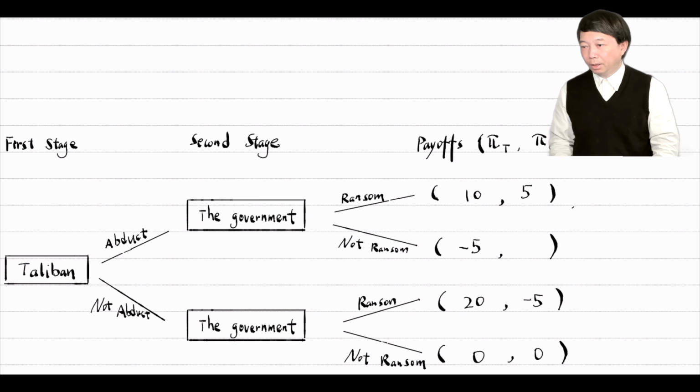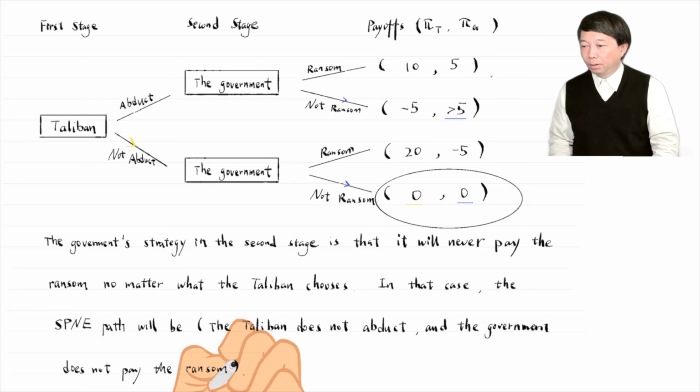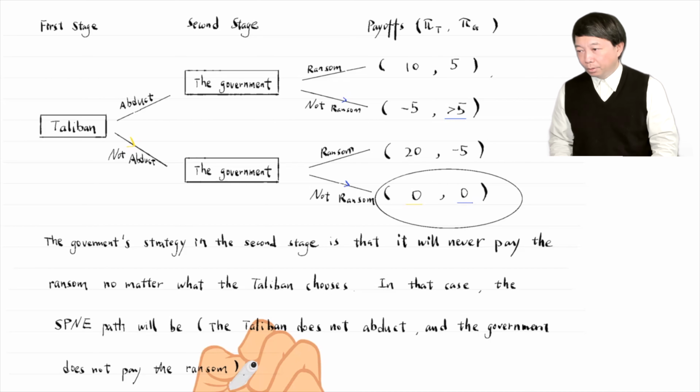If it is greater than 5 in our example, then the government's strategy in the second stage is that it will never pay the ransom, no matter what the Taliban chooses. The subgame perfect Nash equilibrium path will be the Taliban does not kidnap and the government does not pay the ransom. The Taliban will not engage in abduction because it is not in its best interest to do that.